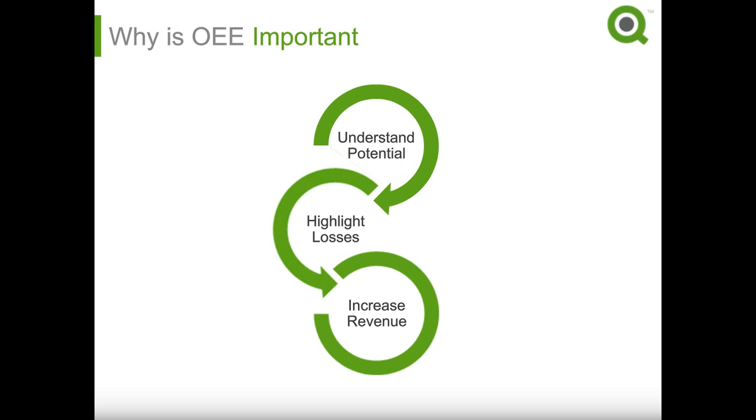So in the short term, OEE identifies the total opportunity for improvement, but in the longer term, OEE helps drive improvement through better understanding of things like losses. It also provides an objective way to set improvement targets and track progress towards reaching those targets.